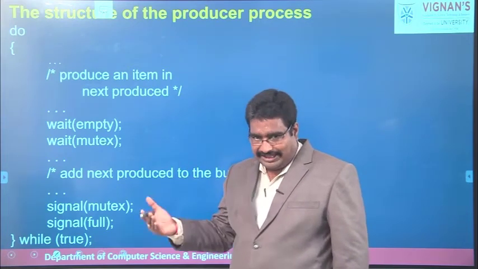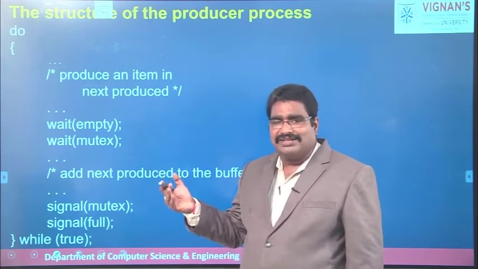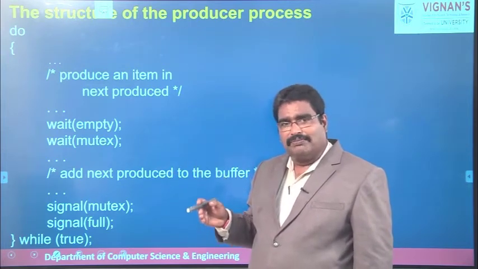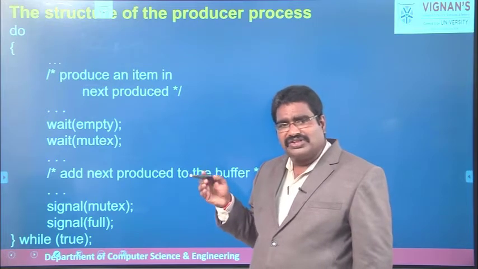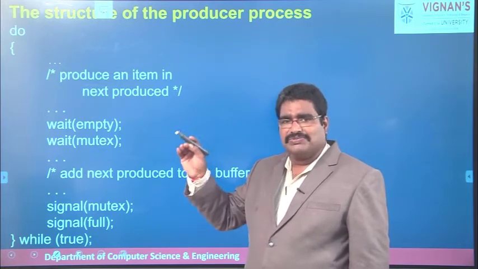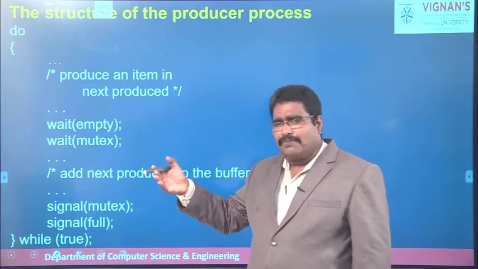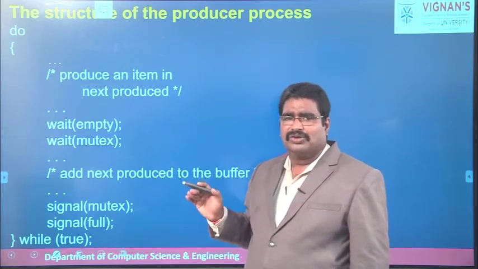The producer generates the item. Once the item is generated, he needs to place the item into the buffer, and before placing the item, the producer verifies whether free space is available or not. If the free space is available, the producer is directly allowed to place the item into the buffer.